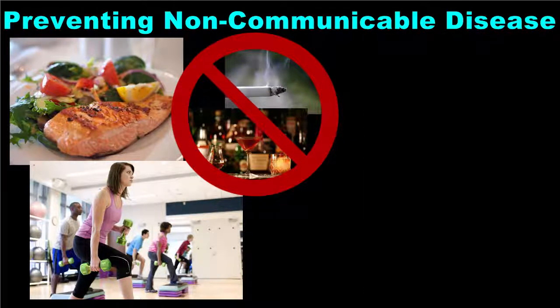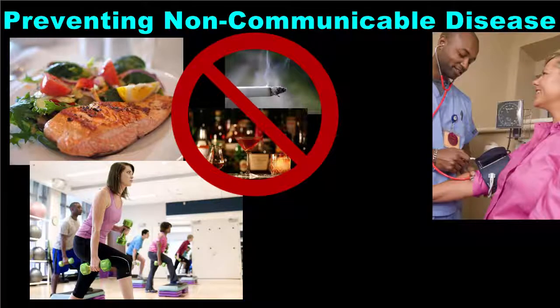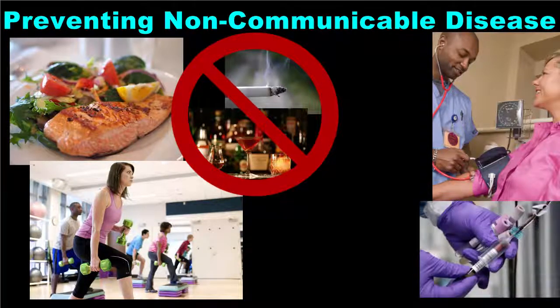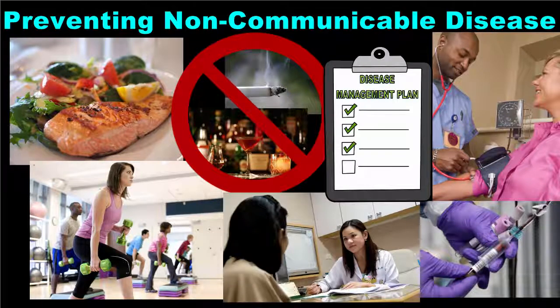For the illnesses that you can't prevent, regular medical checkups and routine health screenings can help to detect them early so treatment can begin right away. Healthcare providers can help you design daily management plans to control disease as much as possible so you can live well. By taking these relatively simple steps, you can help to prevent non-communicable diseases.